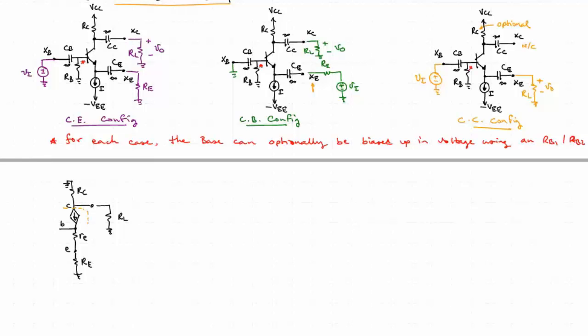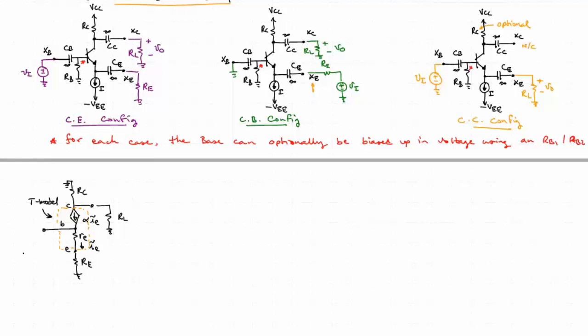I'll draw a dotted box here around our transistor T model. Here the current will be alpha IE, and of course IE is the current flowing through little re.